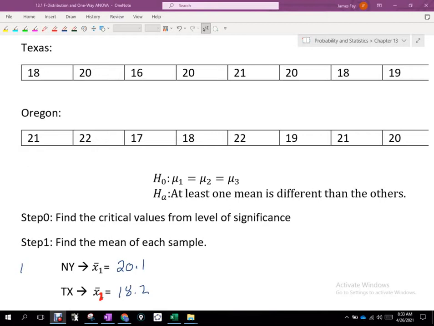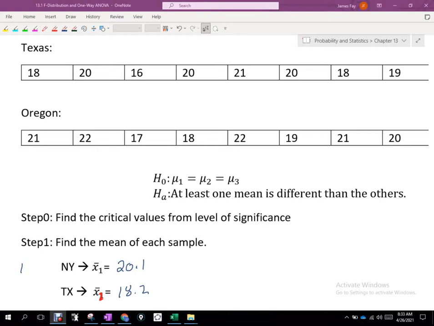If all my populations are equal, then my alternative has to be the complement of that idea, which is that at least one of them is different or not equal to the others. That set of hypotheses is static.